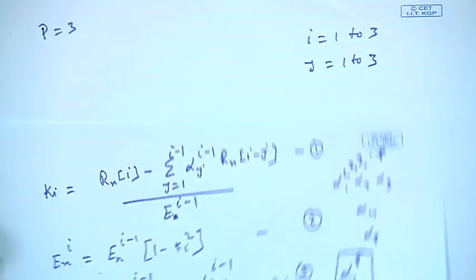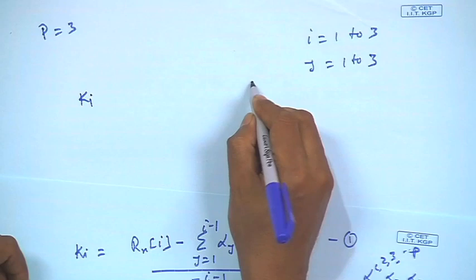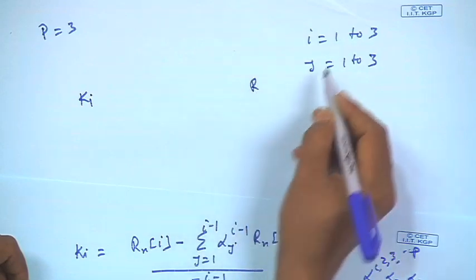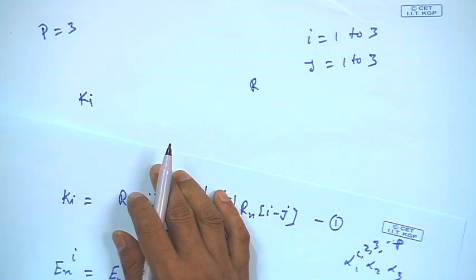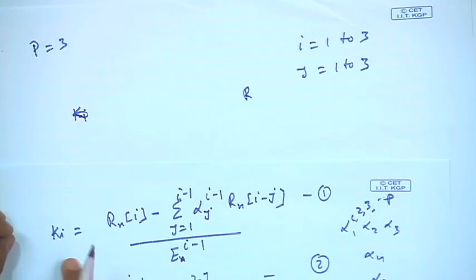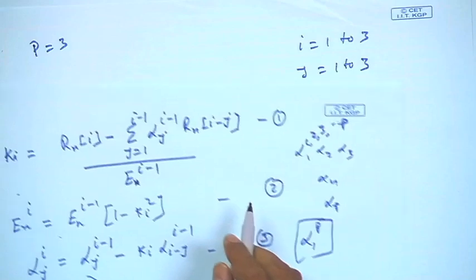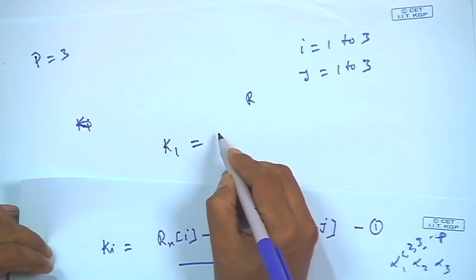Now, if I see k I, I varies from 1 to p and j varies from 1 to p. I want to find k 1, using this equation. So, what is K1?